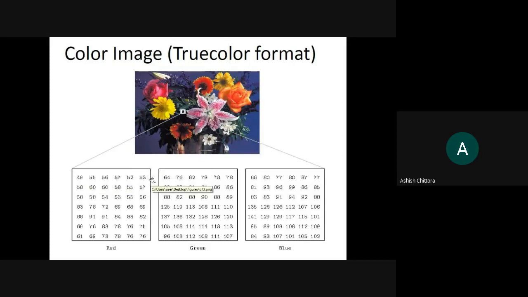When we see it in MATLAB, there will be three planes of intensities, three 2D arrays. The first plane consists of red intensities, the second plane represents the green intensities, and the third plane represents blue intensities. If you write the size of this color image in true color format, it will be m cross n cross 3.